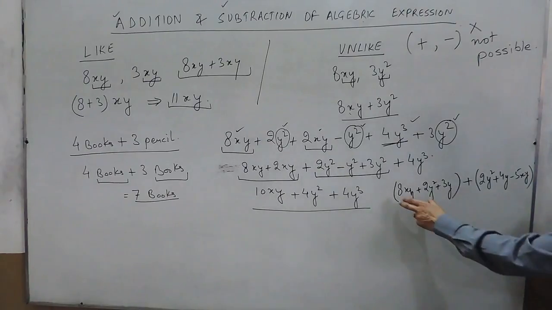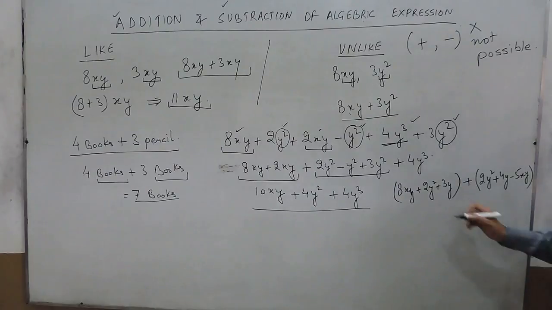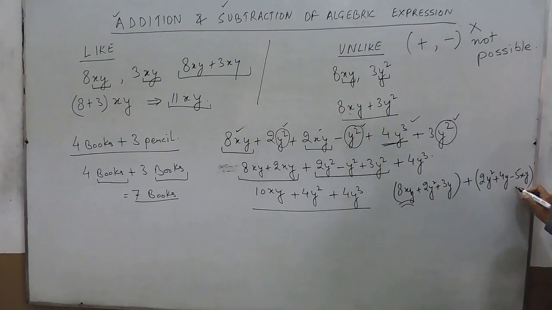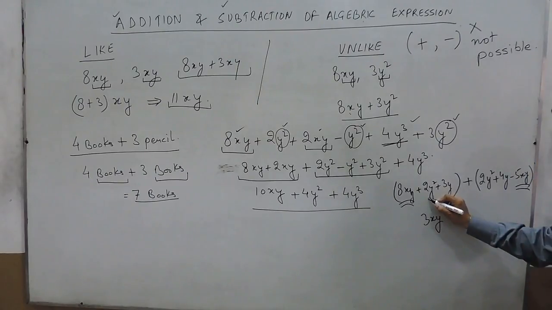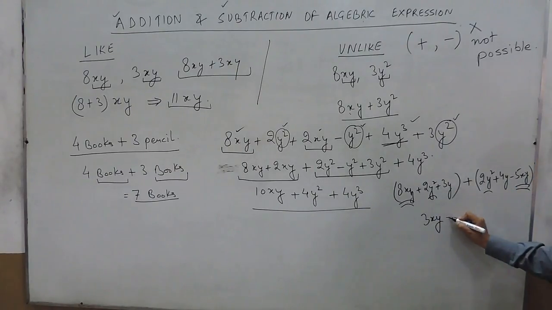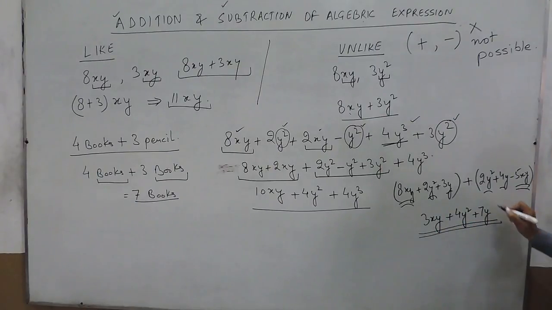Now we again have to see which are the same kind of literal terms, like these two. So it is 3xy. Now this 2y square is added to 2y square, it becomes 4y square, and plus 3y is added to plus 4y, it is plus 7y. So this is the total result of adding these two polynomials.